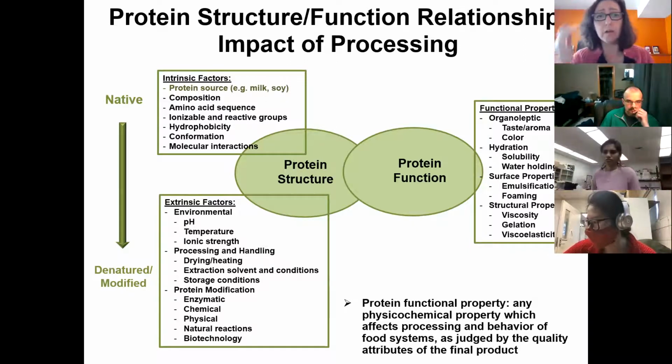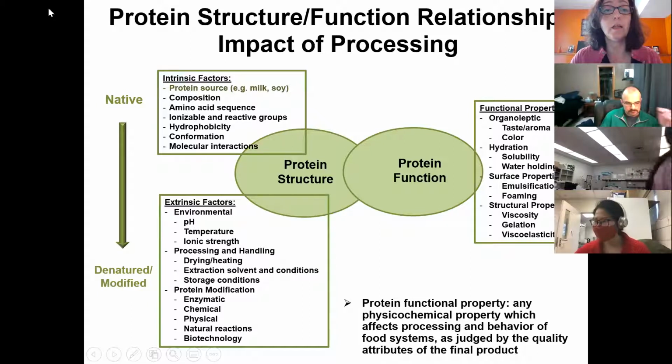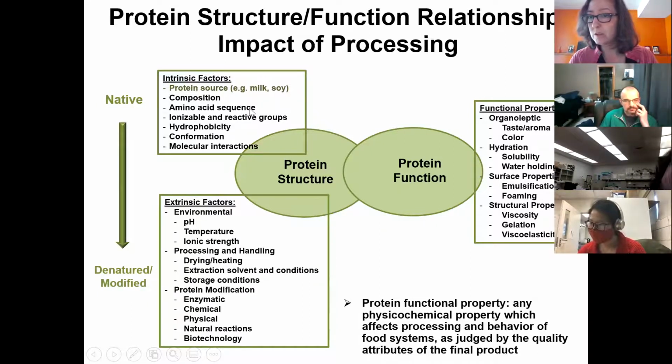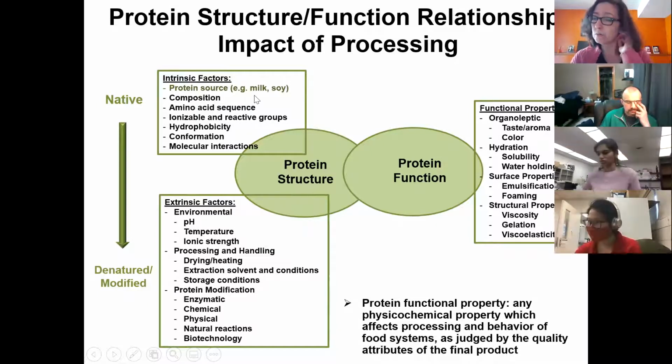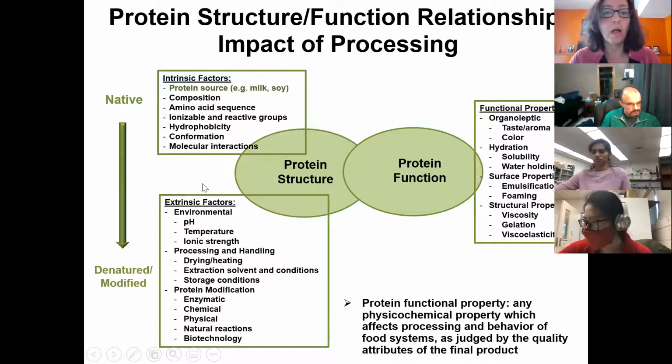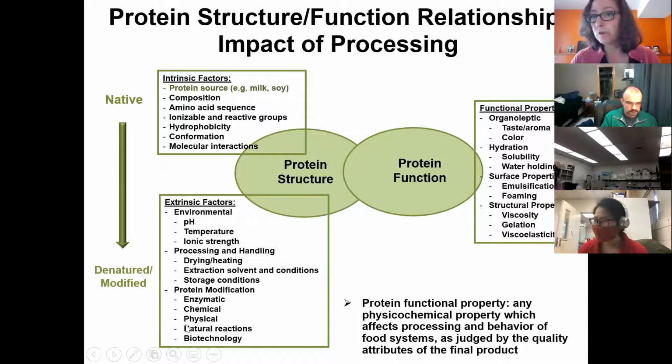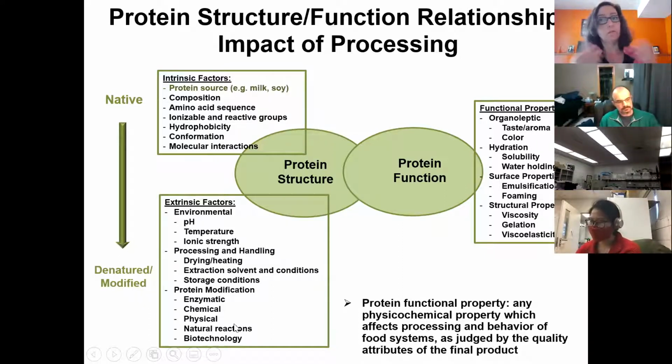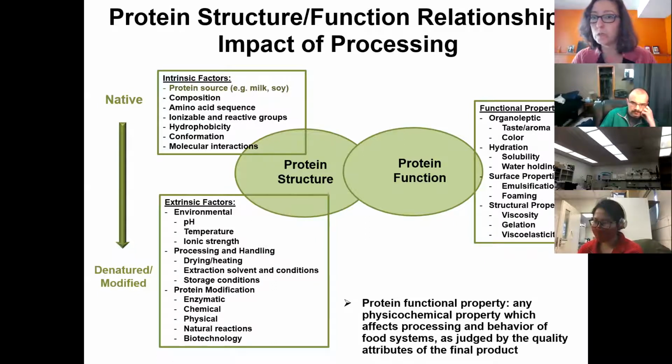So we covered a lot of ground. What remains is looking at different protein sources and characteristics of these different proteins in terms of structure and function. We will do that as the second half. Also important is protein modification, other than just denaturation, how we can modify the structure of the protein to enhance functionality.